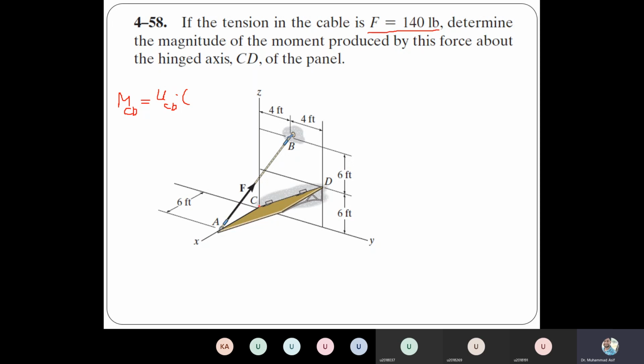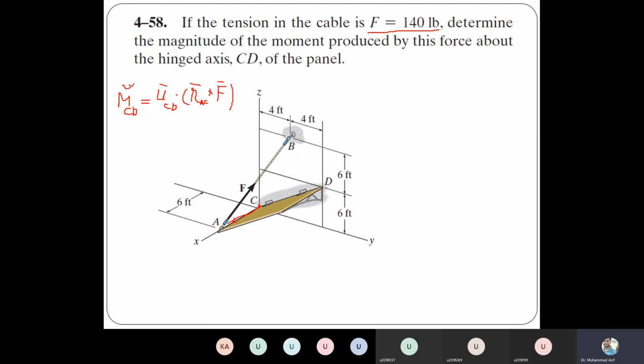So this is the origin, and one simple moment arm is AC. So you basically need r_AC cross F. So you need three vectors, and if you can figure out those three vectors and calculate that value, then you can calculate the moment about CD.